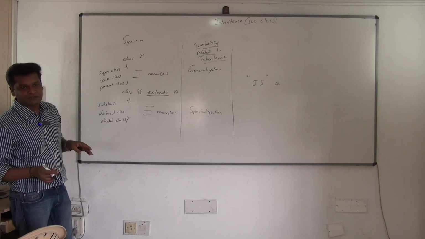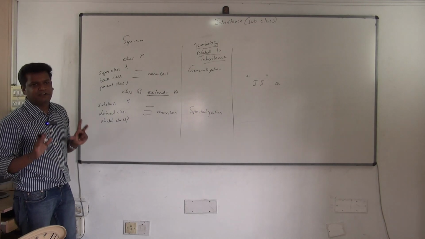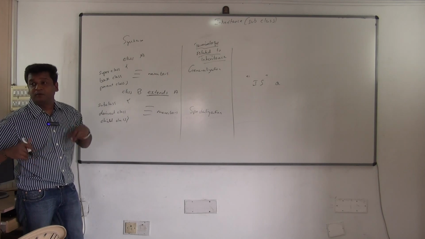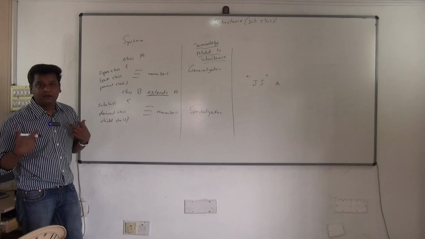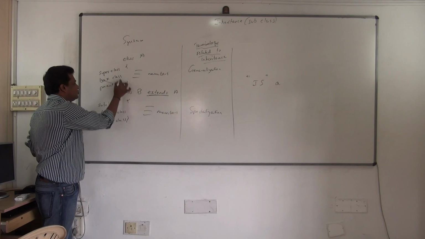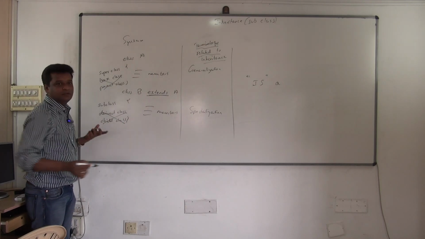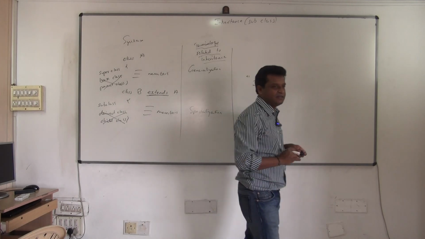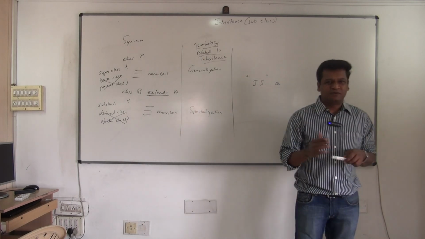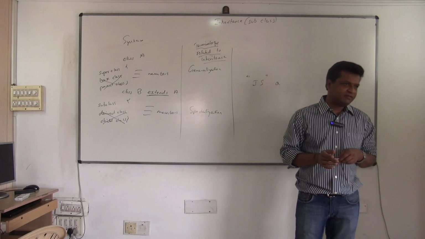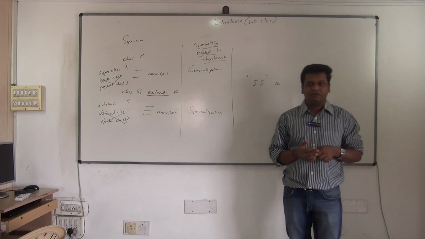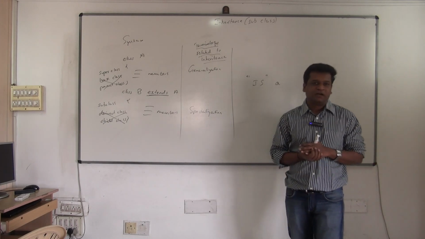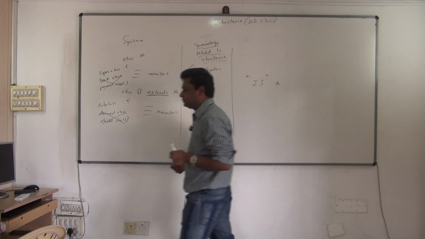College means what? It is confined only to colleges. But when you come to professional life, the real world, we do not use these terminologies. We say superclass and subclass. That's it. So from now on, stop saying base class, derived class. Better you stop saying it. Always start saying superclass and subclass. Are you following now?